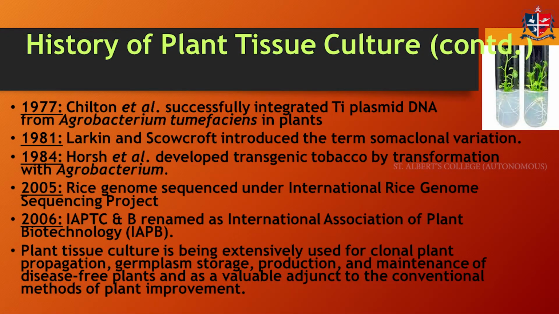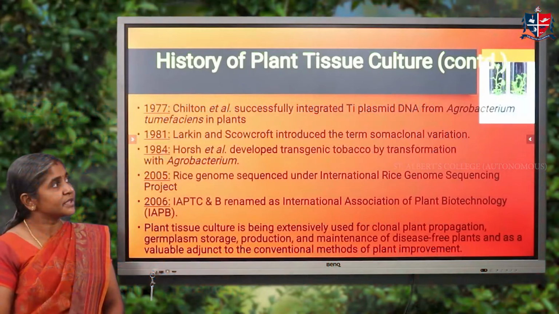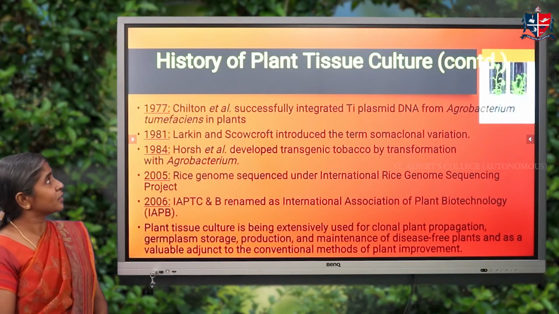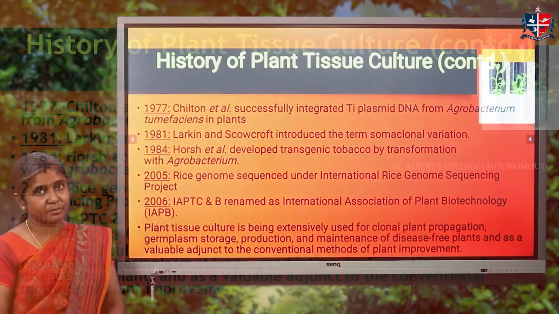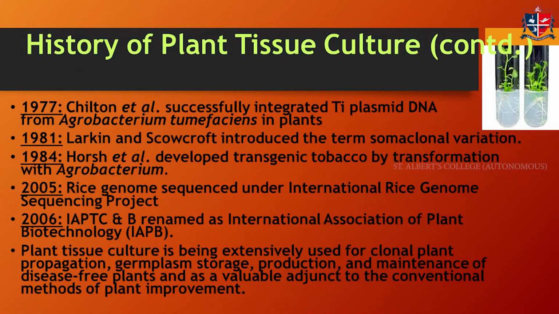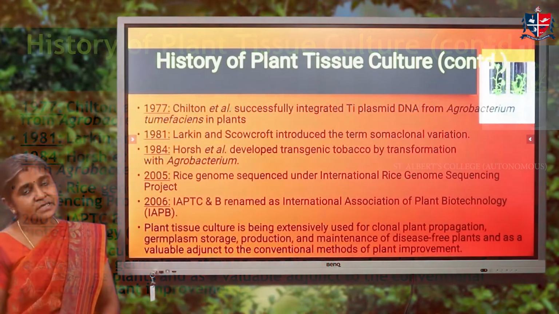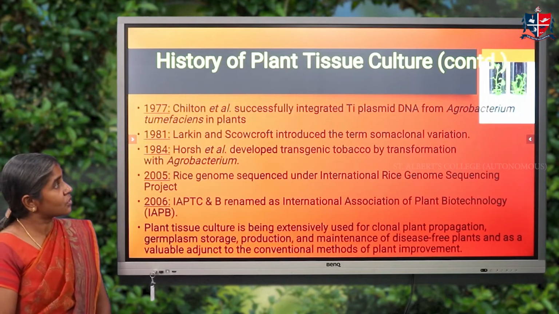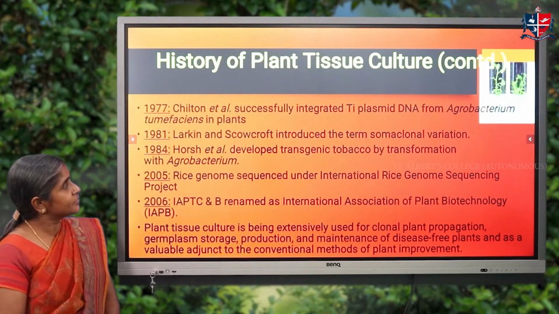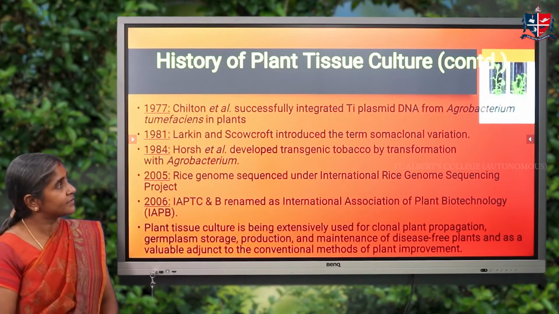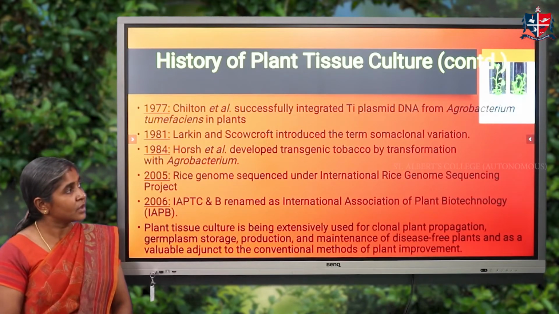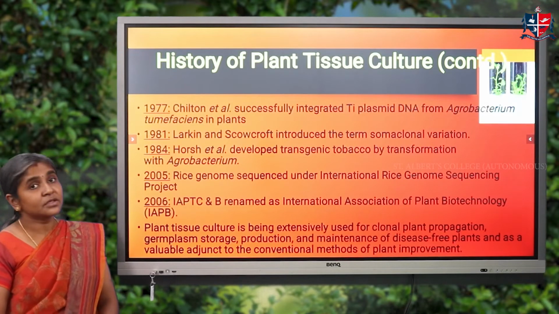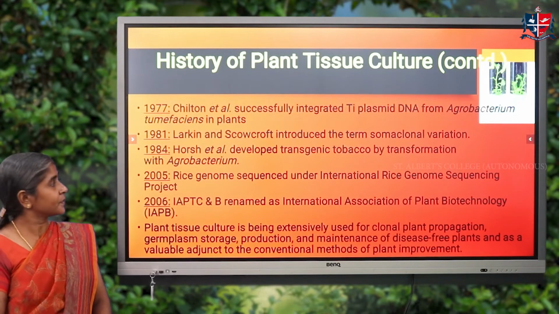In 1977, Chilton et al. integrated the Ti plasmid DNA that comes from Agrobacterium tumefaciens in plants. Year 1981 saw the new terminology somaclonal variations that was given by Larkin and Scowcroft. In 1984, Horsch et al. developed transgenic tobacco by transformation using Agrobacterium.